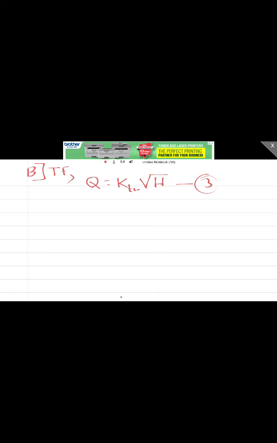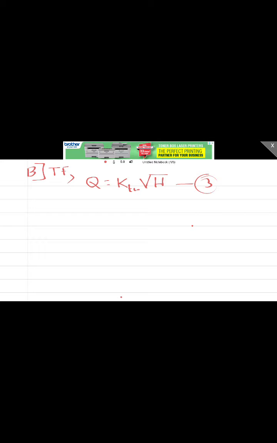Equation number 1 you can remember as Q equal to KL into H, but in case of turbulent flow this square root term will come. KL is constant for laminar flow and KTU is constant for turbulent flow. L stands for laminar, you can write LA or K laminar, no problem. Here also you can write KTU, KT or K turbulent, anything. This is the flow constant.